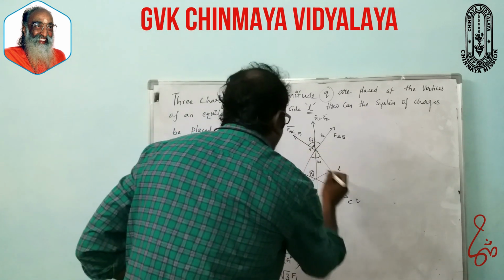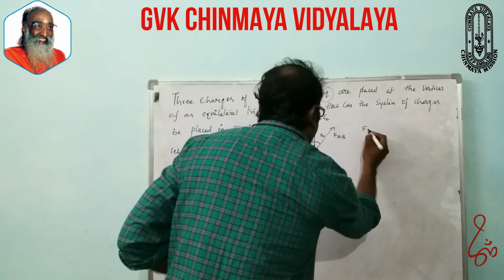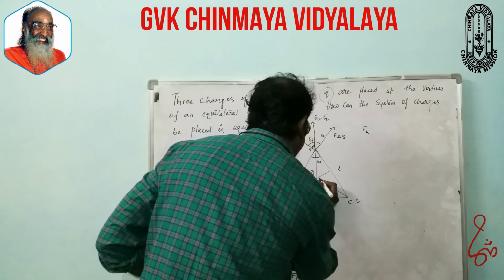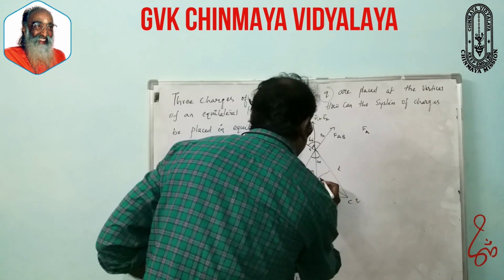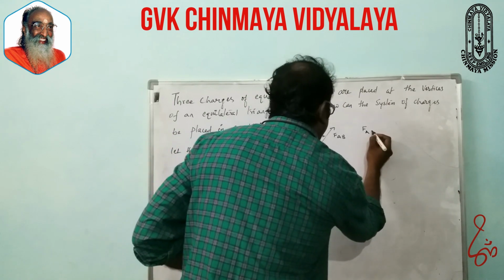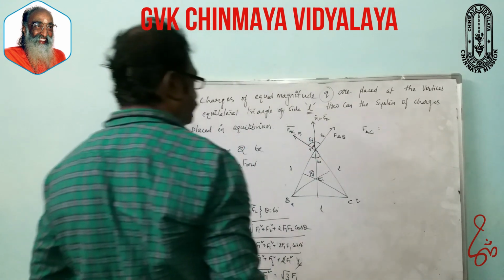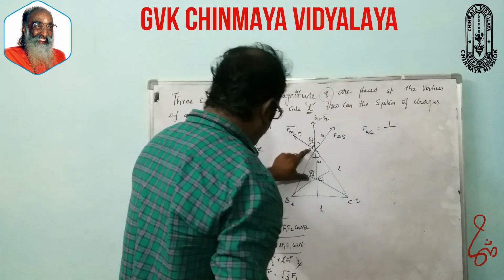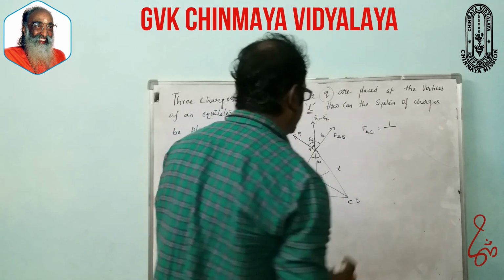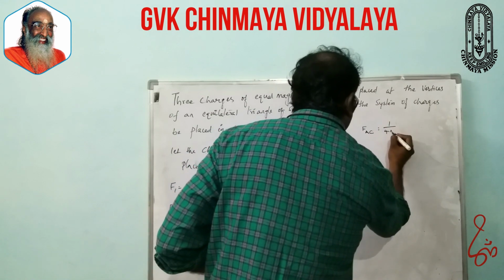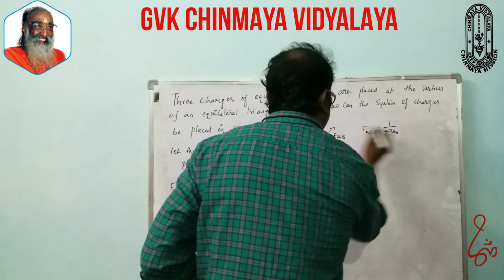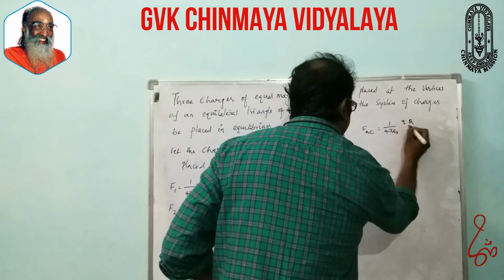So now what is this force on A by, let us make this point C, the centroid C. F on A by C is 1 by 4 pi epsilon naught, small q, capital Q.